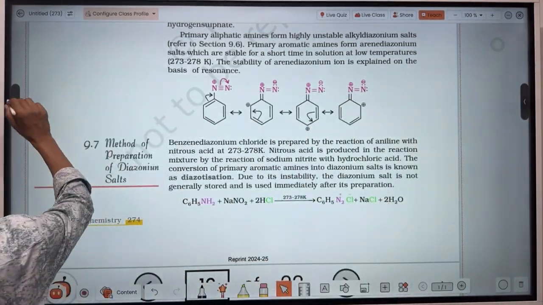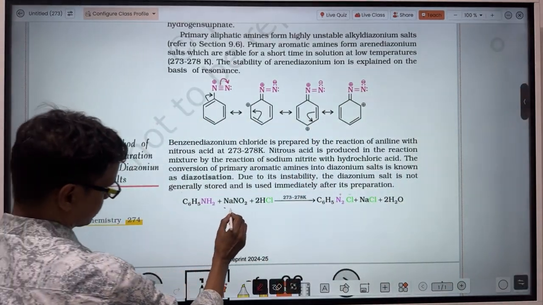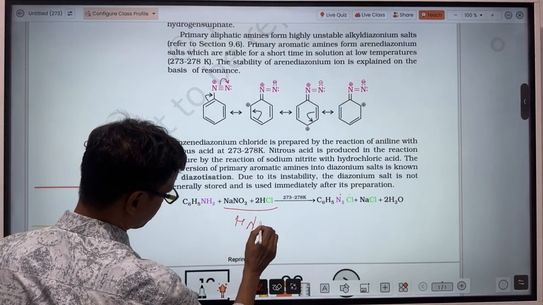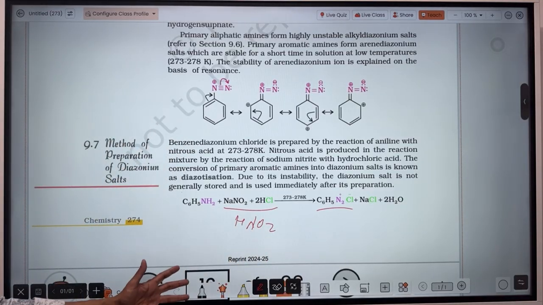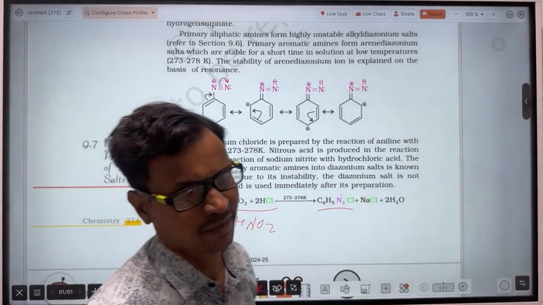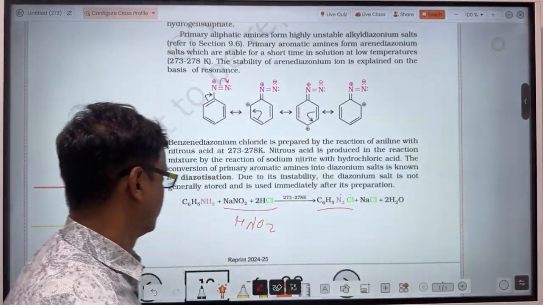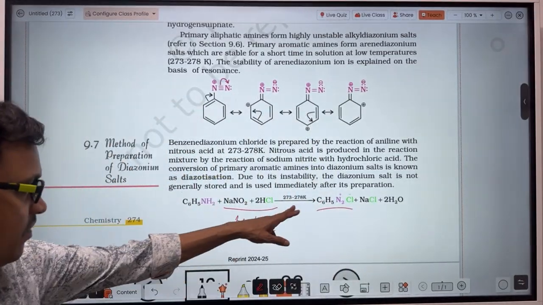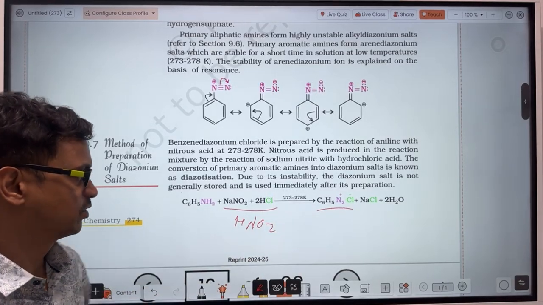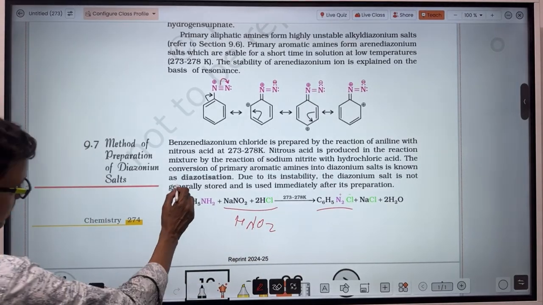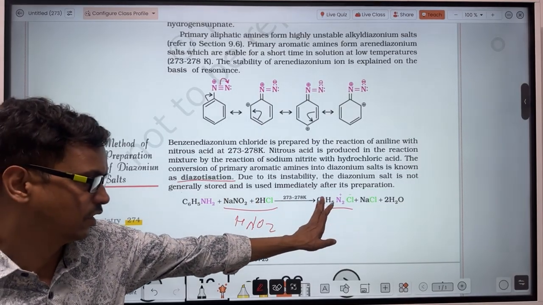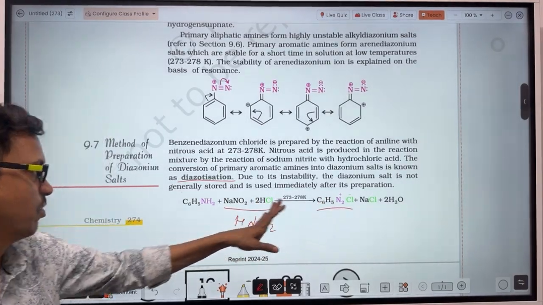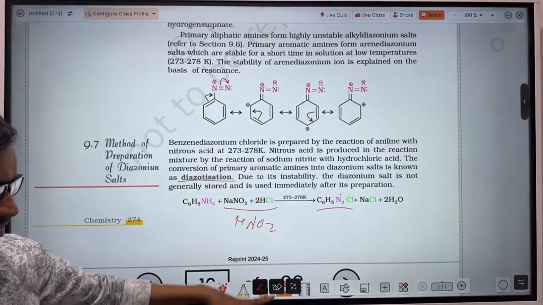This will react and form HNO2, and as a result benzene diazonium chloride forms. You are already aware of that, so I am not discussing it. This method of preparation of aromatic diazonium salt is called diazotization.